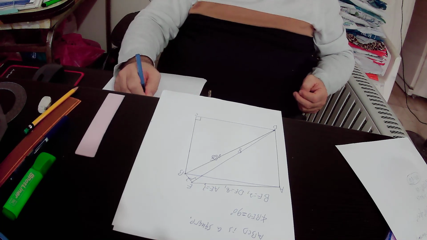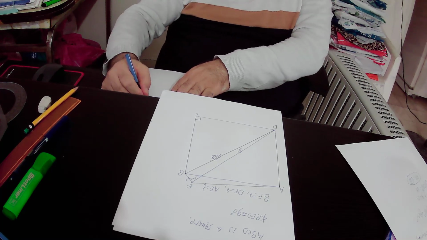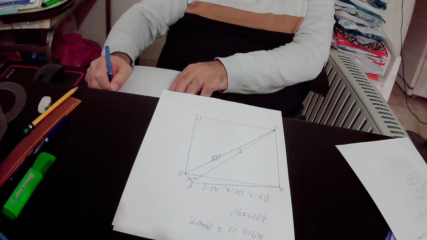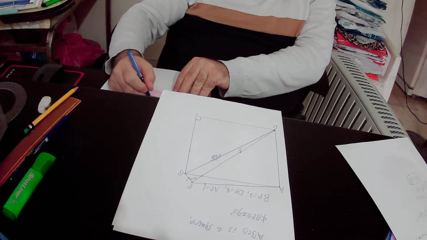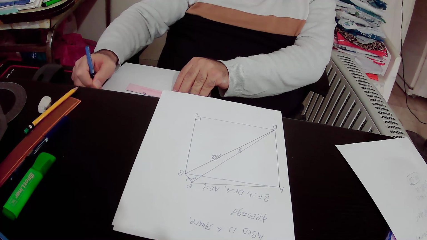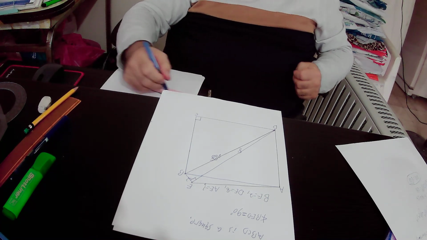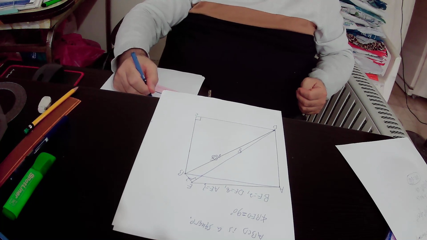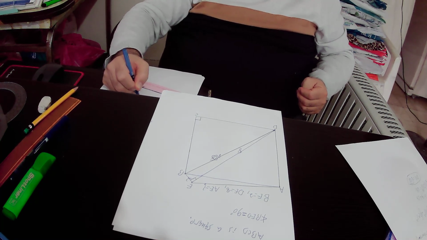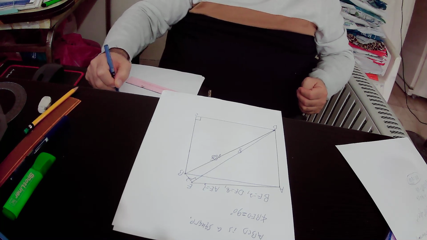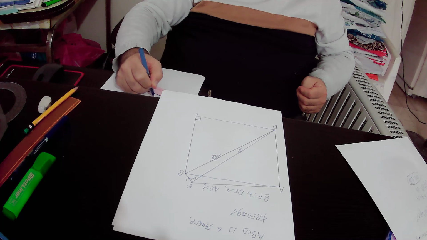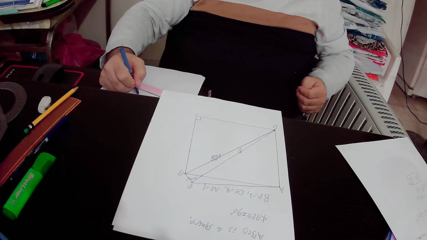According to rule number 1, the diagonals of a square cross the angles of the square into 45 degrees angles.